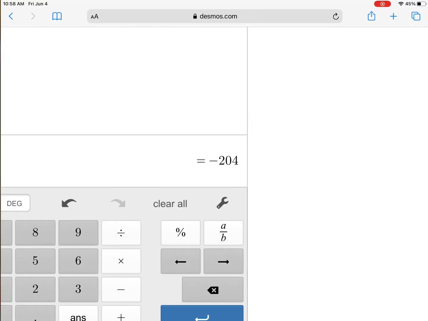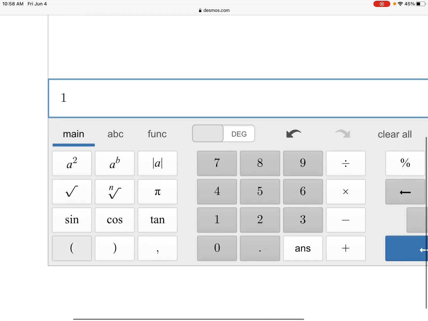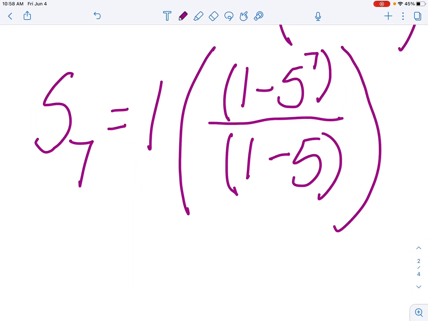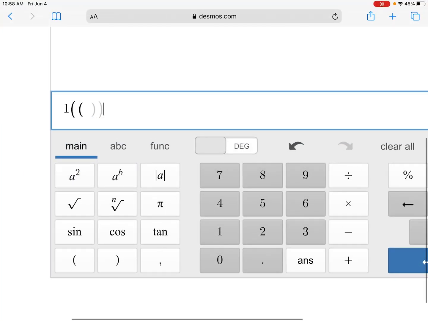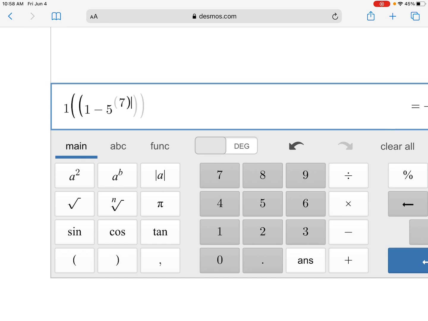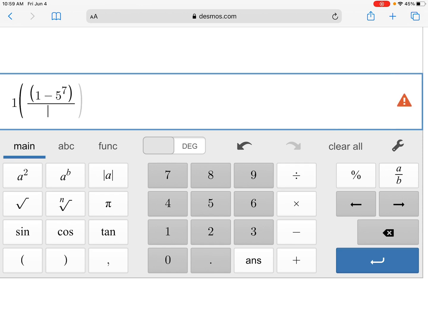Now, it's going to look weird, but we can do this. So clear. 1 parentheses, another parentheses. Remember, 1 minus 5 to the 7th power inside there, parentheses.